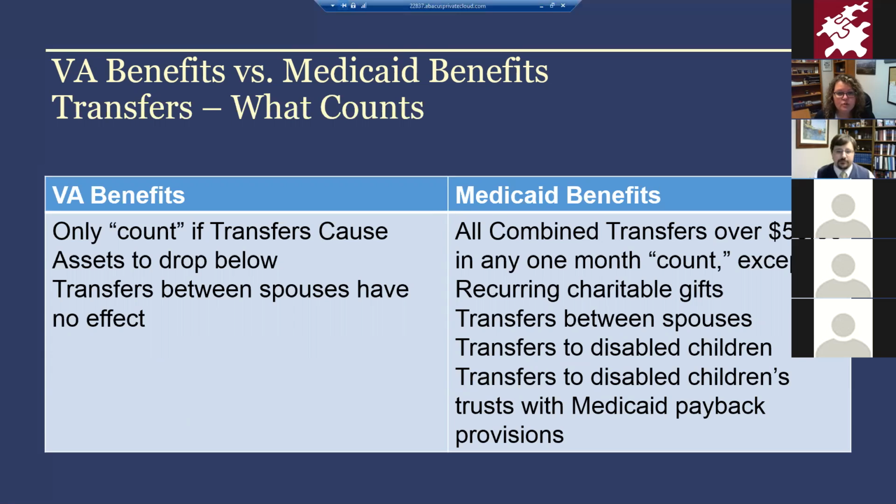Transfers to a disabled child or to a disabled child's trust. There are also some other allowed transfers of a house, like if there's a situation in which there's some joint ownership of the sibling. There's several things. But in both situations, we just have to keep an eye on that giving.